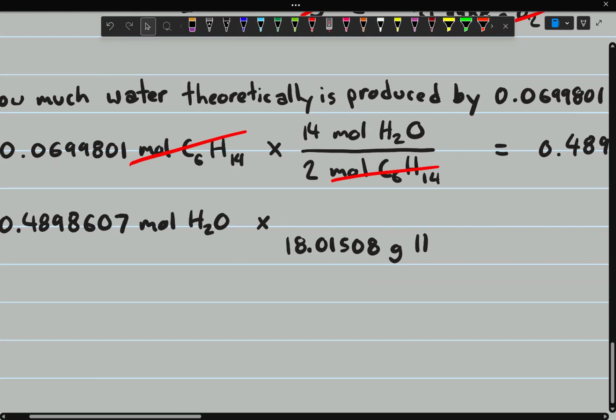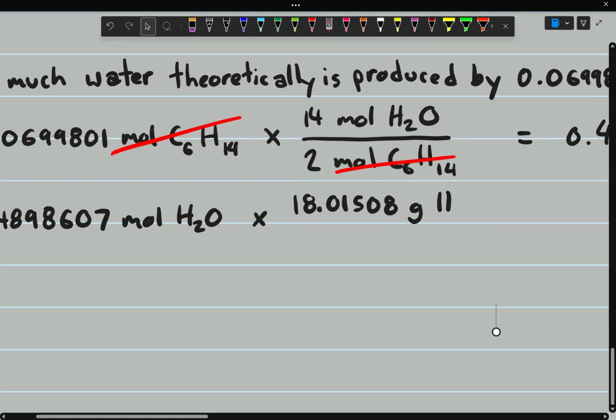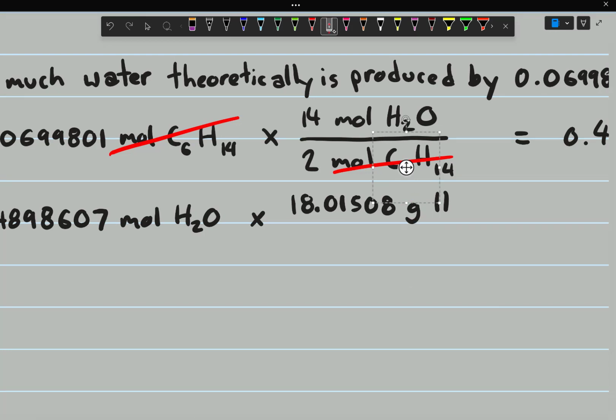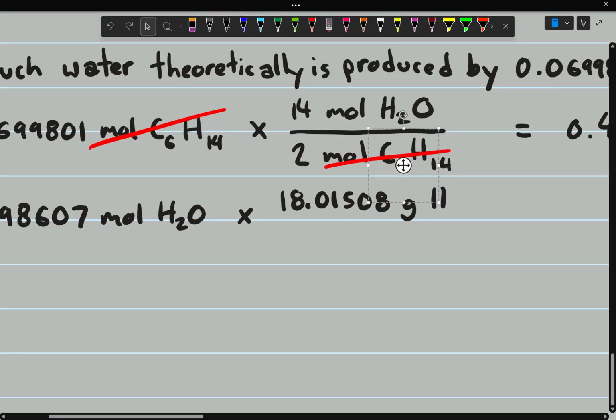Oh, I'm sorry. I'm doing this the wrong way round. This is on top, because remember, we want grams of water, so you put the thing that you want on top. We put the thing that we want on top because we want moles to cancel and leave us with grams, in case that wasn't clear.